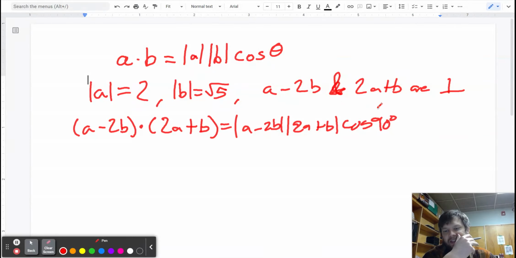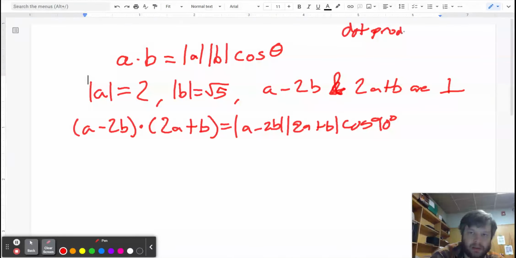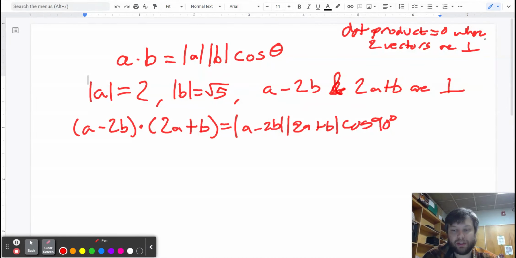You'll be able to shortcut this as we go throughout the unit because the cosine of 90 degrees is 0. And so this is a really big takeaway: the dot product equals 0 when two vectors are perpendicular.